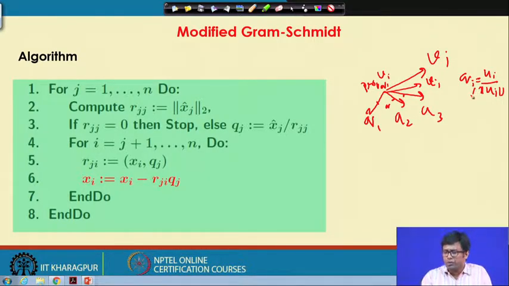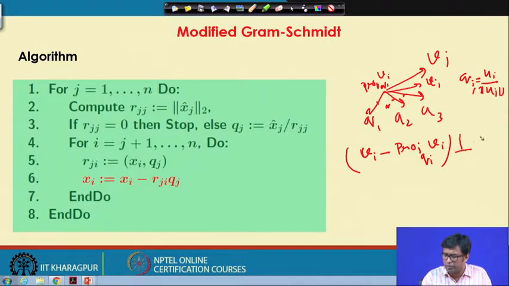However, when we subtract all these projections, first we take v I and subtract its projection on q 1. Whatever we get is v I minus the projection of v I on q 1, and this is perpendicular to q 1.